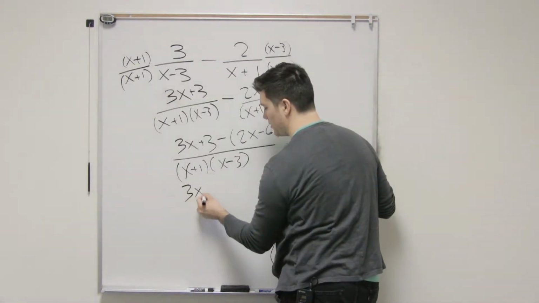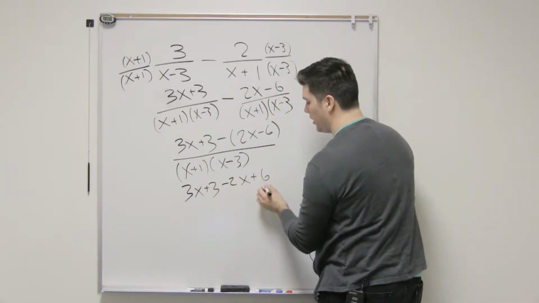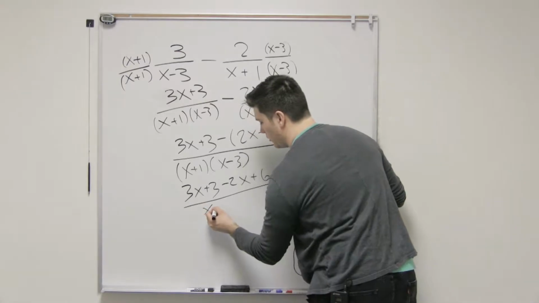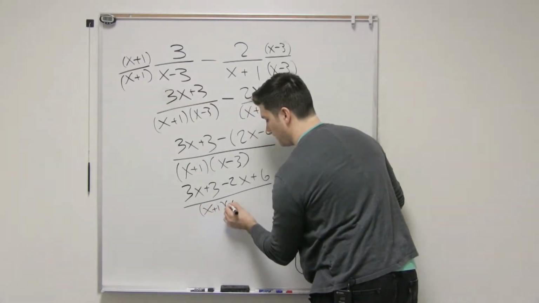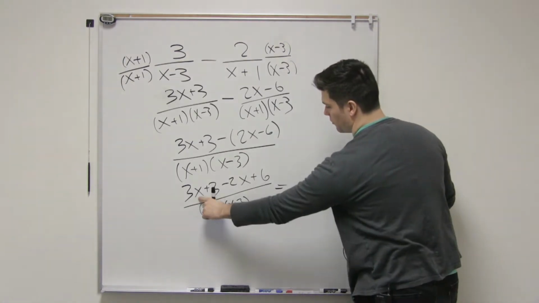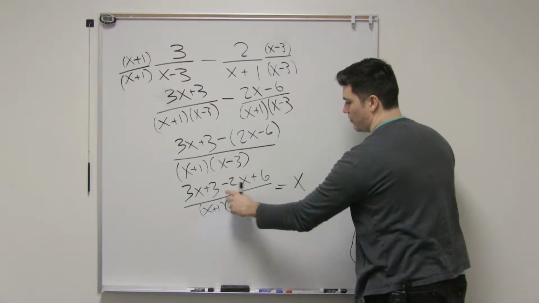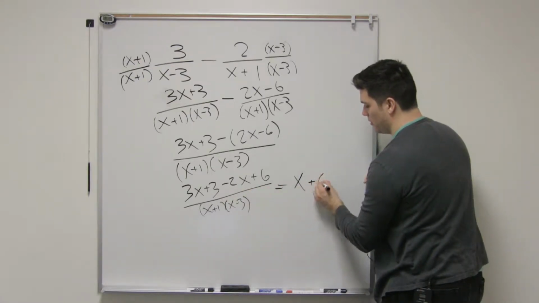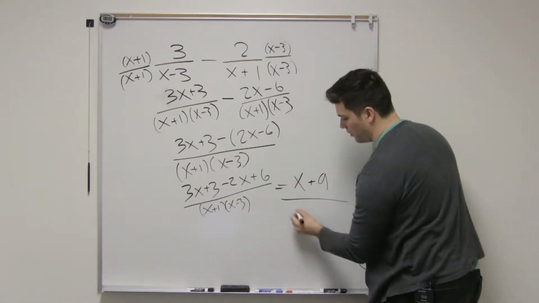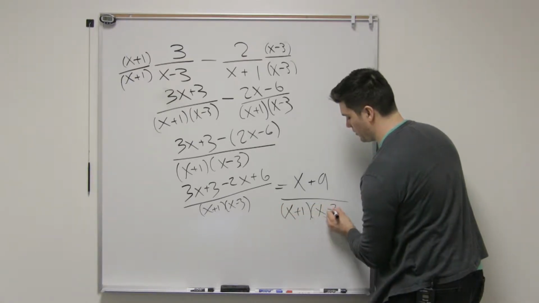We get 3x plus 3 minus 2x plus 6 all over x plus 1 times x minus 3. And then that all equals 3x minus 2x, which is just a single x, and a positive 3 plus 6, which is 9, all over x plus 1 times x minus 3.